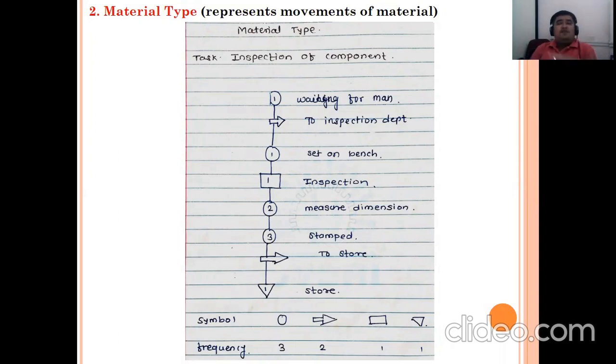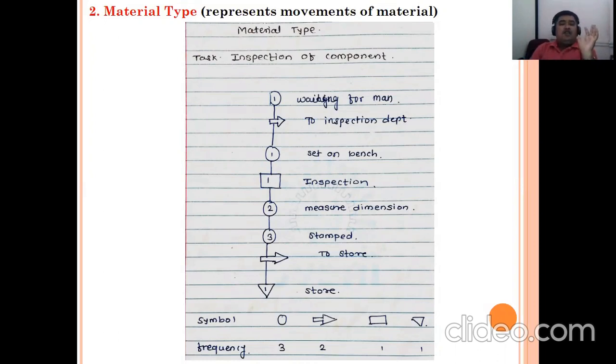Whenever the next person comes and picks up this product, he will not check anything, he will just go and see the back side near the camera whether the dot is present or not. If the dot is present, it means the inspection of this part is already done and the inspection report may be in the files. If the dot is absent, it indicates that inspection of this product is not done.